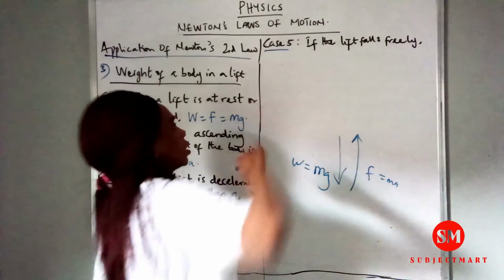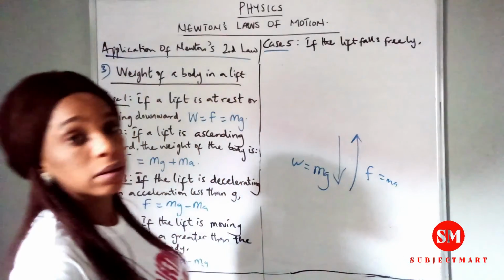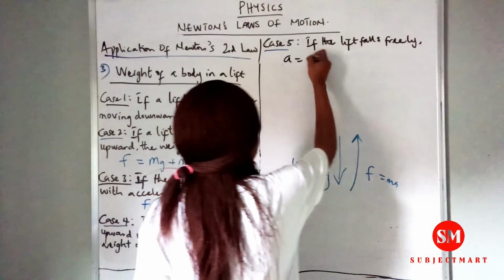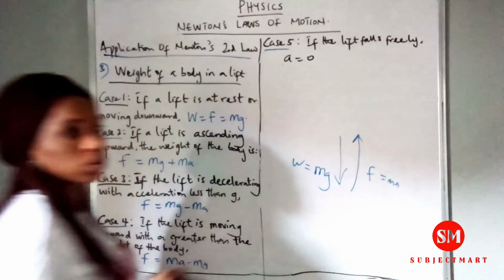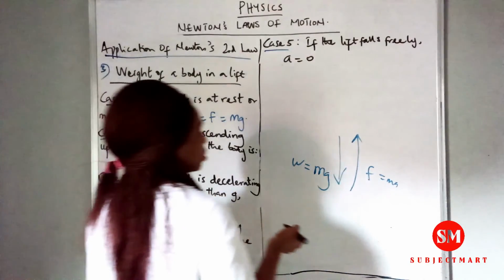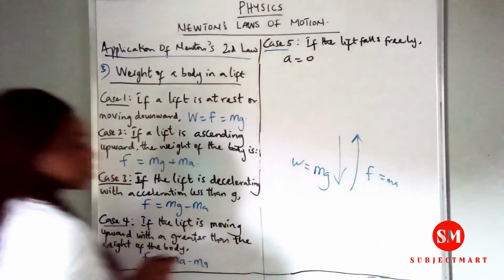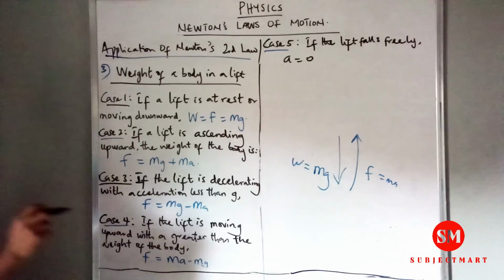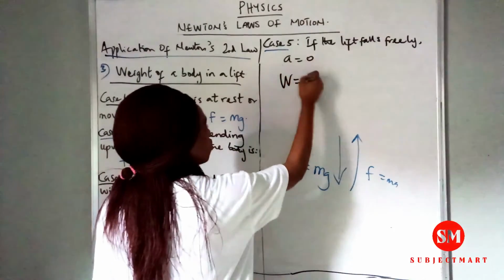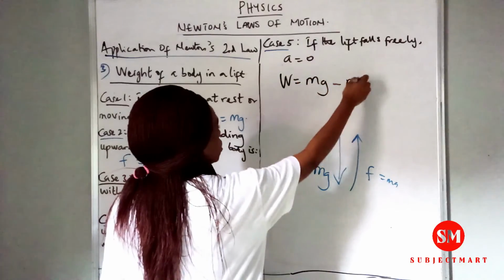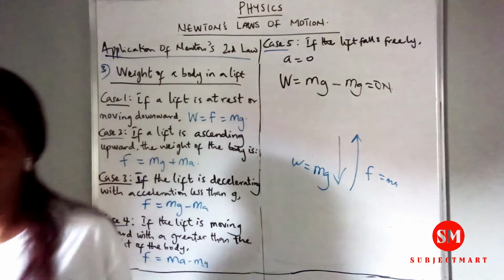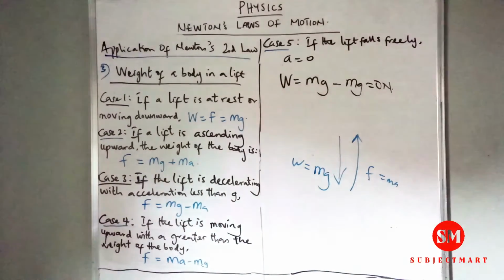For the last case, if the lift falls freely, that means a is equal to g. So in that case, W equals mg minus mg, and that will give us 0. So take note of that, and quickly we'll be examining one or two examples on that.